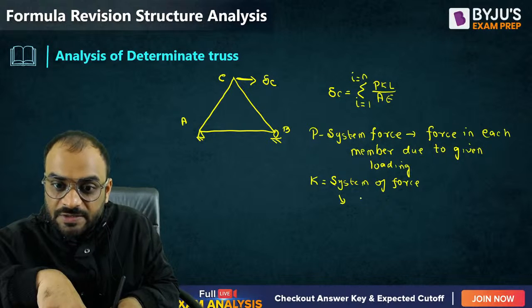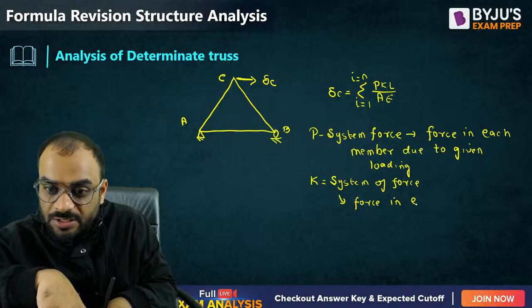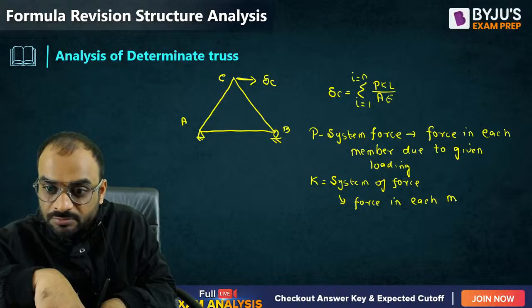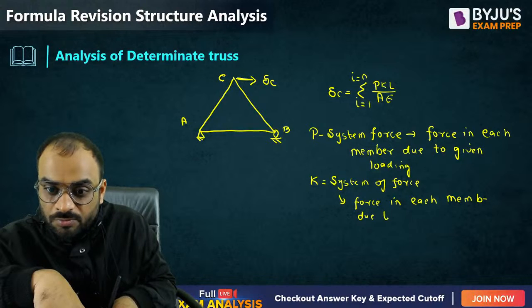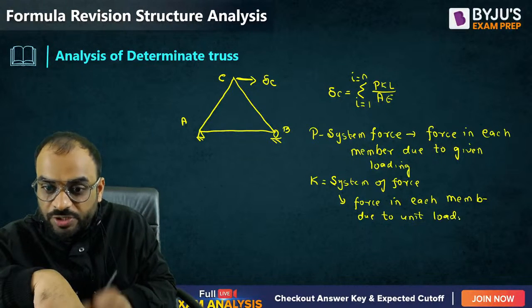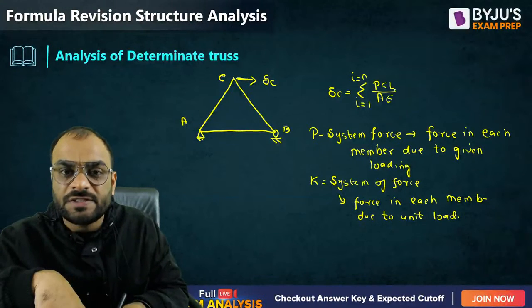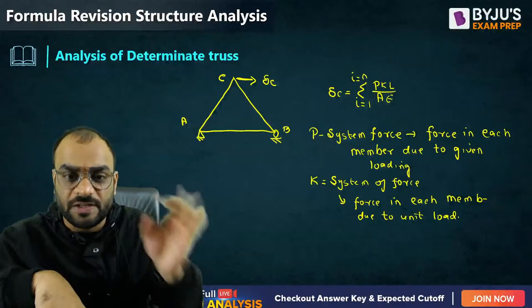And this is nothing but force in each member due to unit load, right? What is L? Length of member. A, cross section area of member. E, Young's modulus of elasticity.